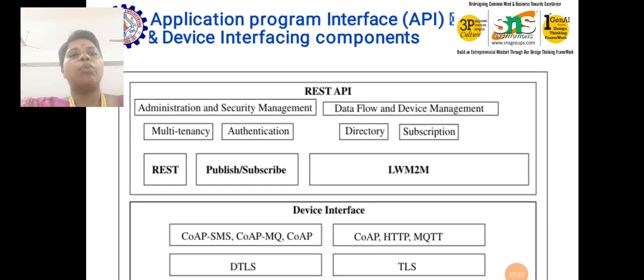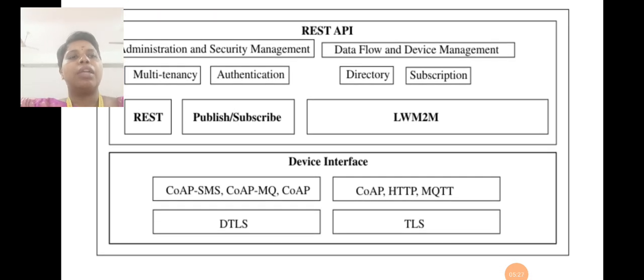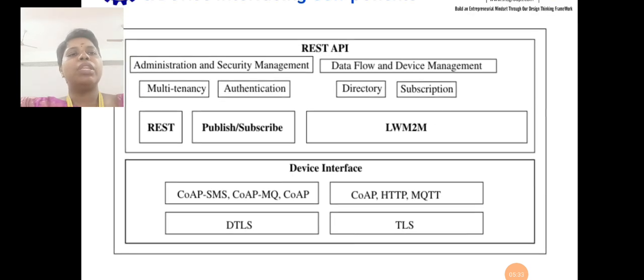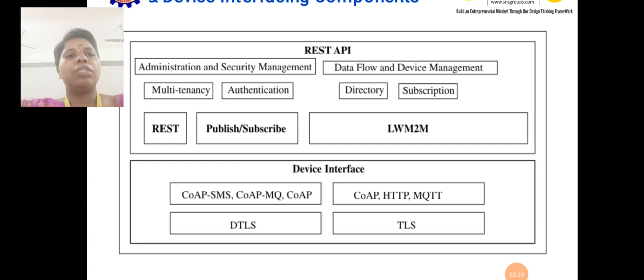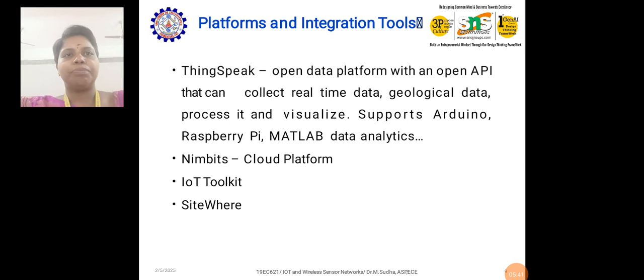And this is how the publisher and subscriber, or we can say the LWM2M, that is M2M, machine to machine communication, works, right? And coming to the device interface, all the protocols are incorporated to execute the software in an efficient manner.